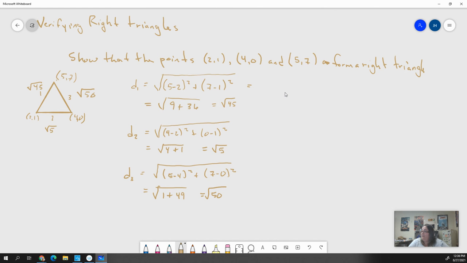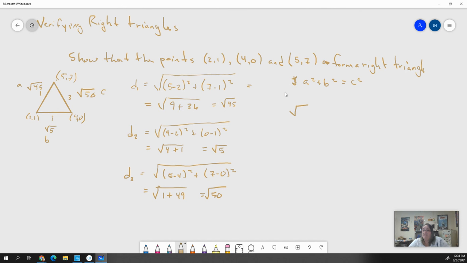So if I add the squares of these, this would be my A squared plus B squared equals C squared, right?